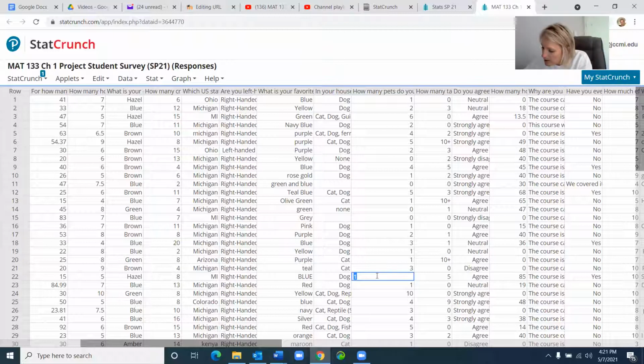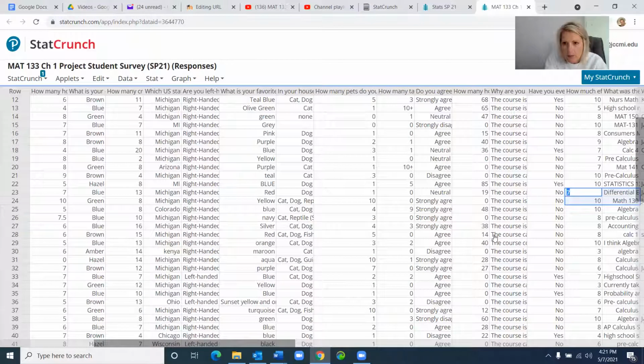And interestingly enough, on the 10, it's really a 10 plus. It could have been more than 10, but we just had them answer a 10. So now we're here at the 4.